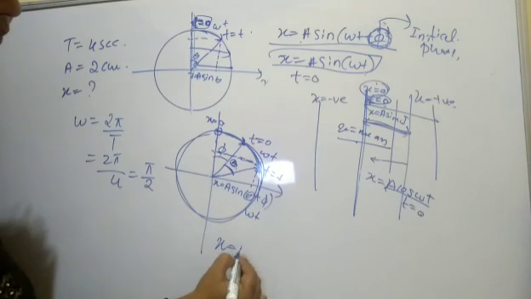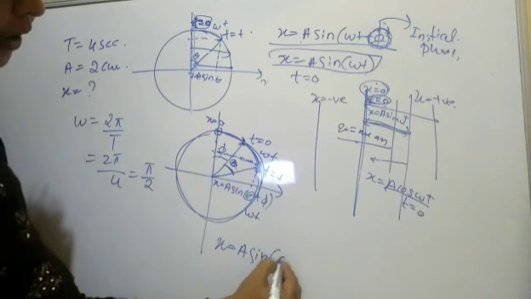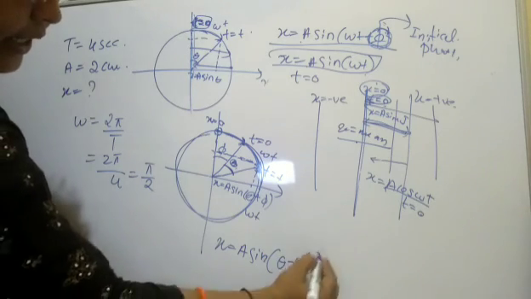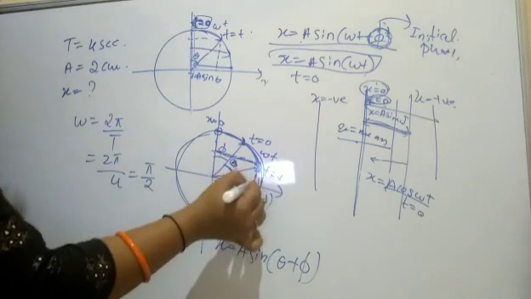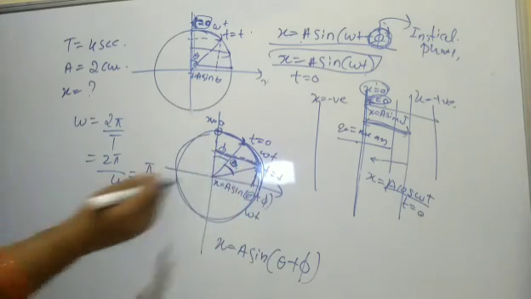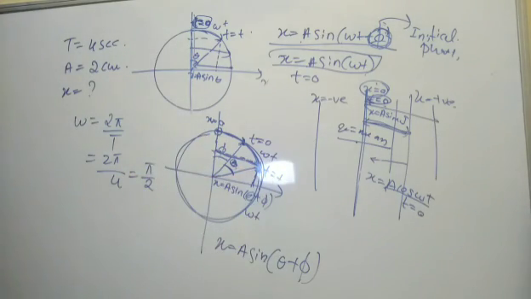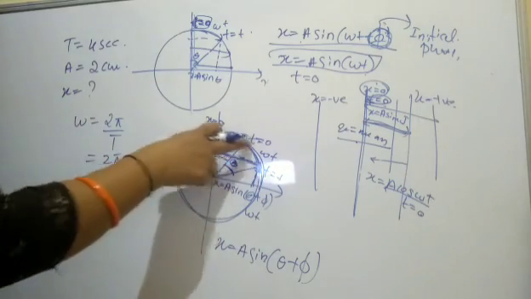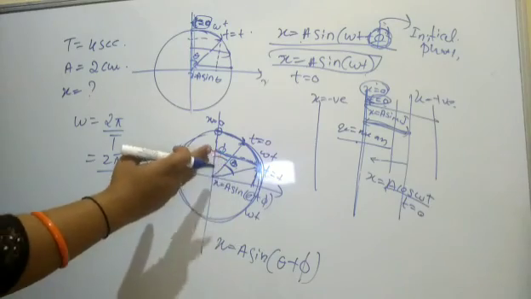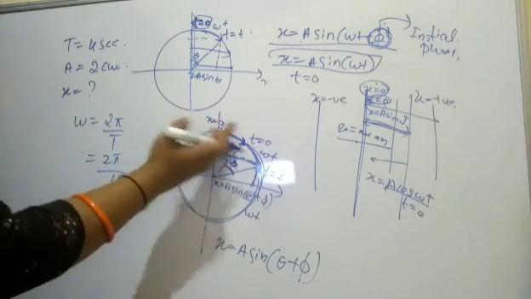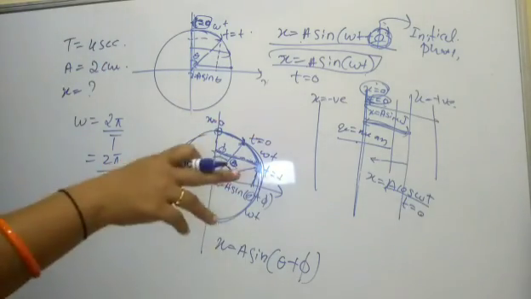So x is equal to a sine of theta plus phi. This is the complete projection from t is equal to 0 to t. At t is equal to 0, it is not at the mean position; it is shifted from the mean position to the certain point where it started the journey.